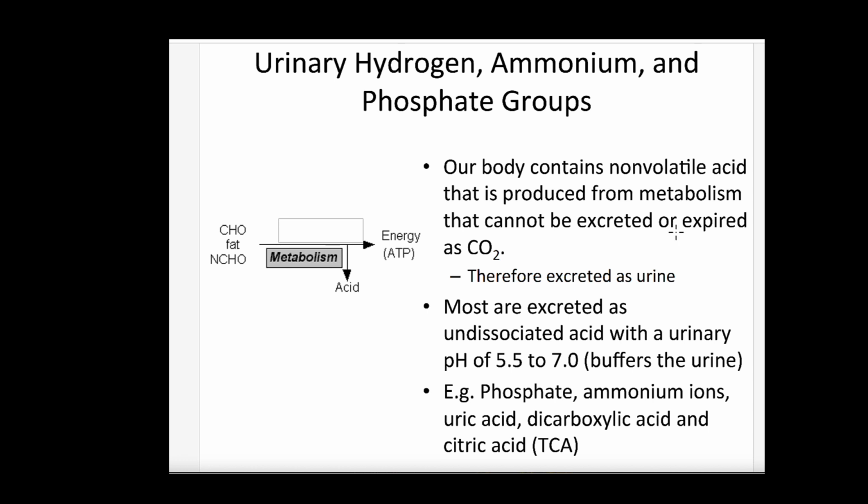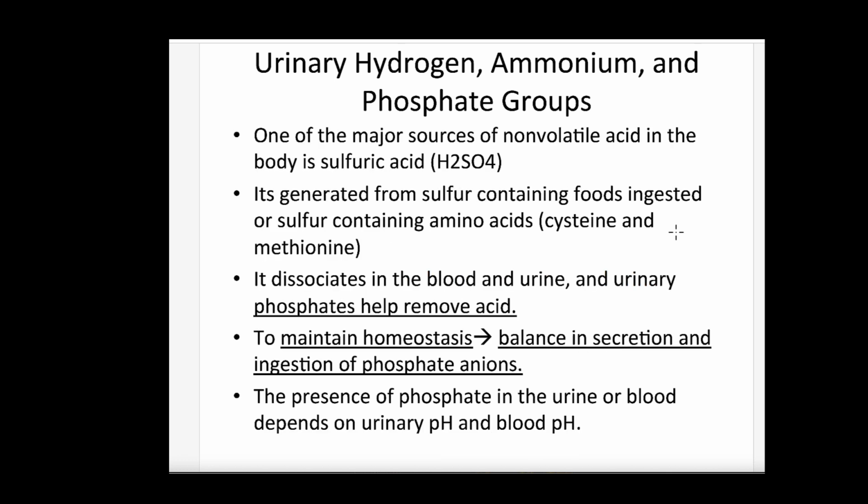One of the main sources of non-volatile acid in the body is sulfuric acid. Sulfuric acid is generated from sulfate-containing compounds that you ingest in your diet from foods, and they are used to metabolize or produce sulfur-containing amino acids like cysteine and methionine.